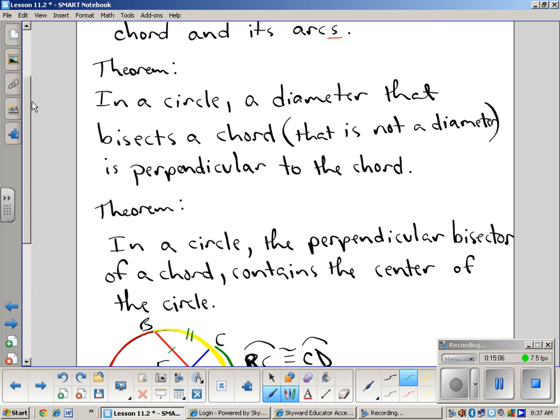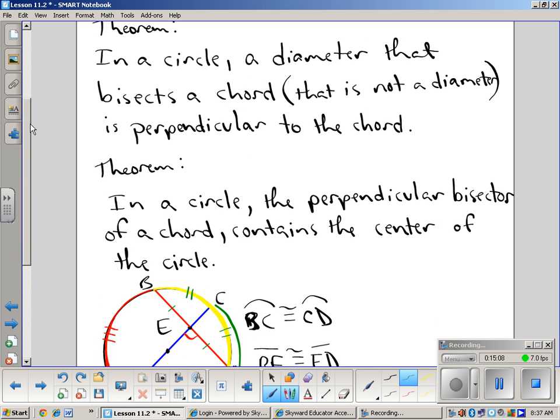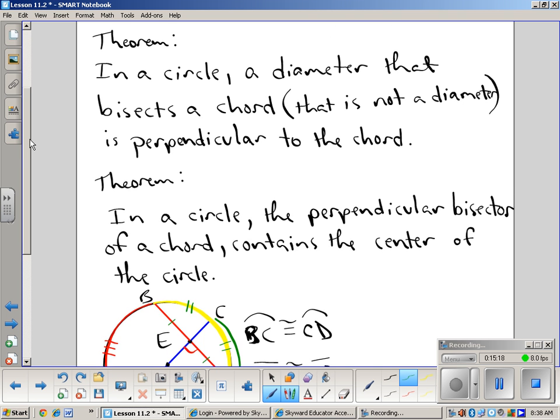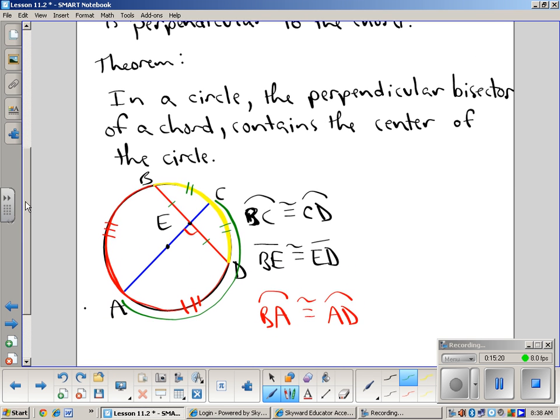The second theorem says in a circle, a diameter that bisects a chord that is not a diameter is perpendicular to the chord. Okay? So, let me throw in another circle here.